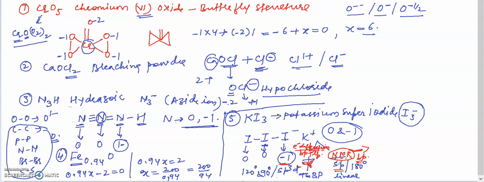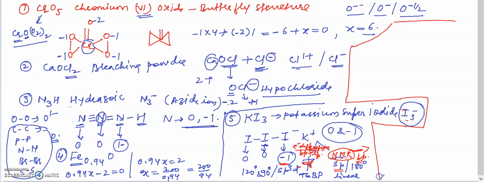Now we will see some more exceptional compounds too. See one more, C3O2, that is carbon suboxide. You know about carbon dioxide, carbon monoxide, but C3O2 is carbon suboxide.